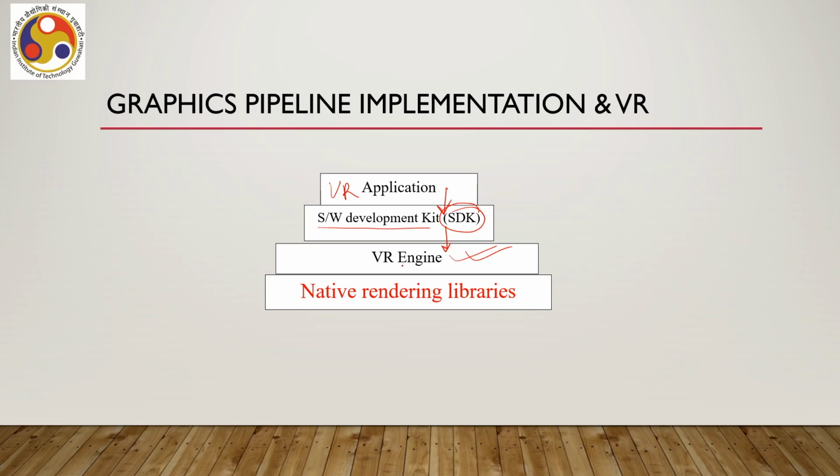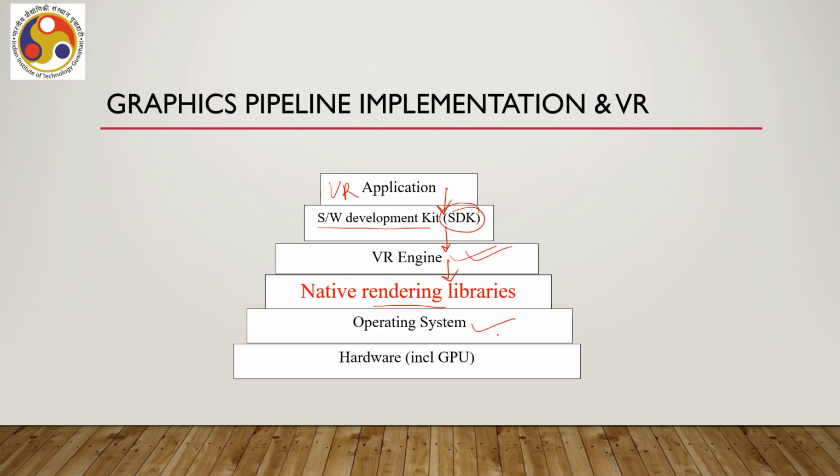Now, below the VR engine layer lies the native rendering libraries such as OpenGL or Vulkan or Direct3D or such libraries. The VR engine in turn calls the library APIs to perform the rendering activities, and below it is the operating system layer and finally the hardware layer including GPU.